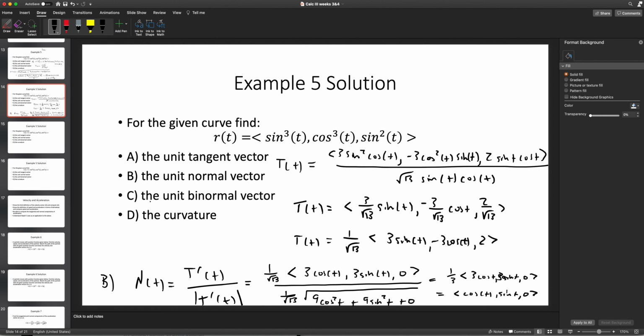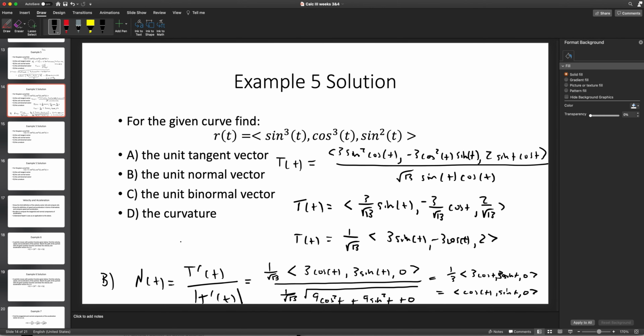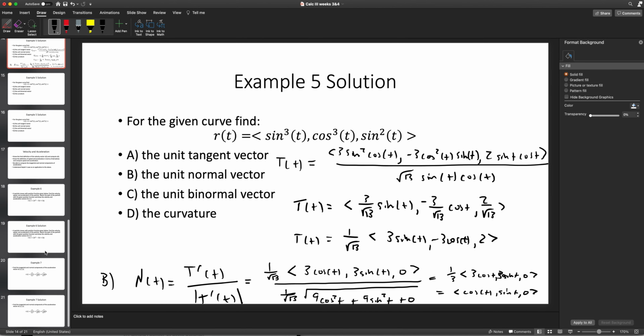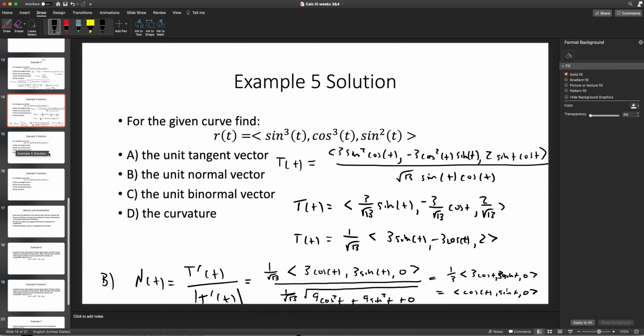Next up, we'll try to find the unit binormal vector, and that's found by finding B of t, and B of t is T of t cross N sub t. We're going to need another slide here for sure, I'm running out of space.